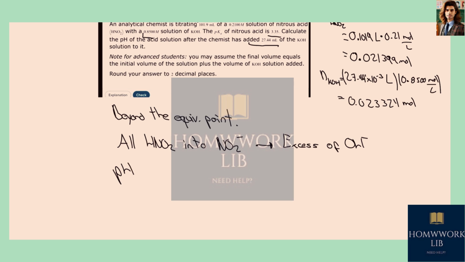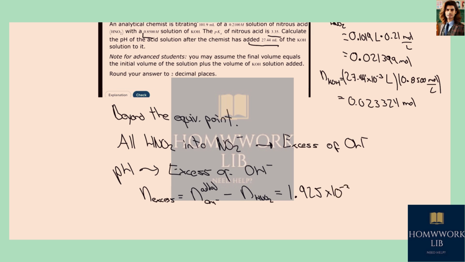For that reason, the pH is going to be given by the excess of hydroxide that we have added into solution, and the amount of excess is going to be equal to the amount of OH minus added minus the amount of HNO2 that we had. In this case, it would be equal to 1.925 times 10 to the minus 3 mole.